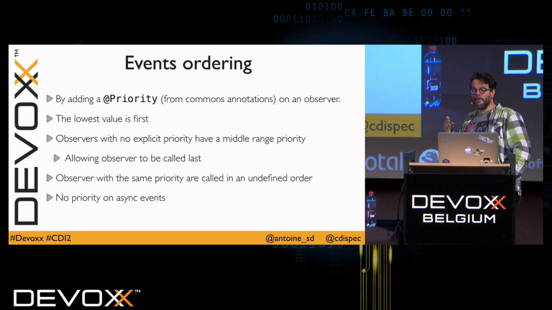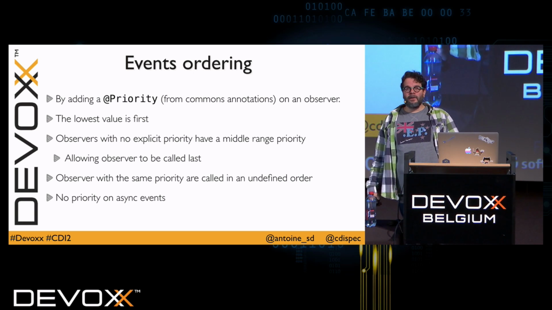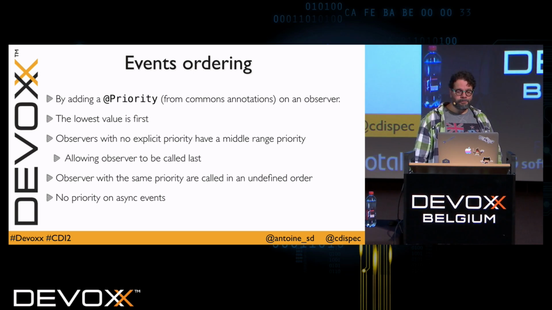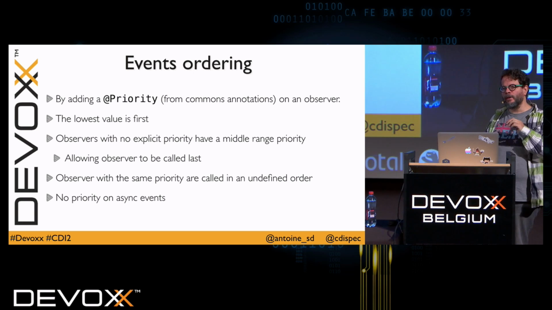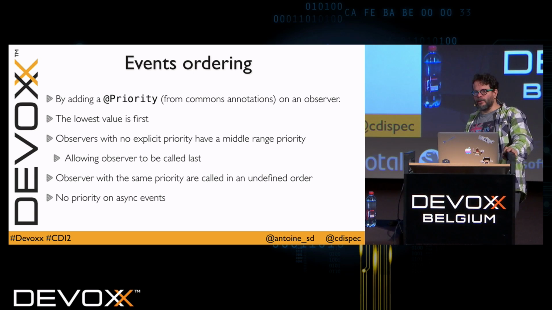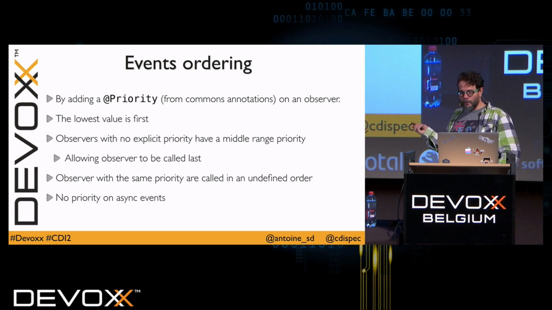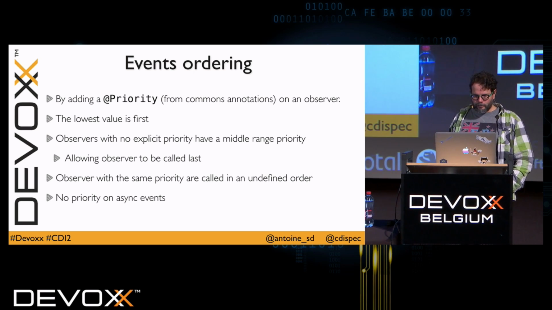Events ordering is done on the observer side, so you are ordering observers. We are using the @Priority annotation, coming from the common annotations. We had to ask for a revision of the common annotations specification since @Priority wasn't targeted to parameters. So it's done now, and it will be available for CDI 2. The lowest value is first. So if you have a priority of 0, it's the first observer being called.